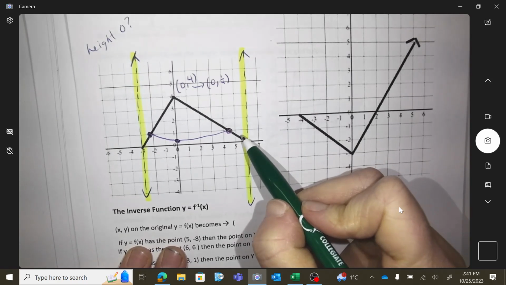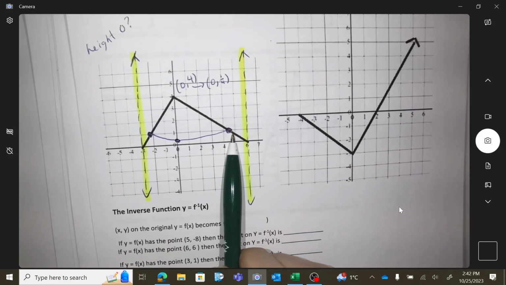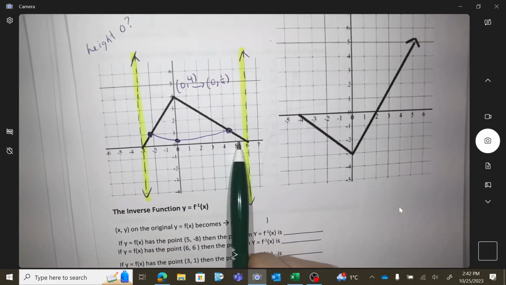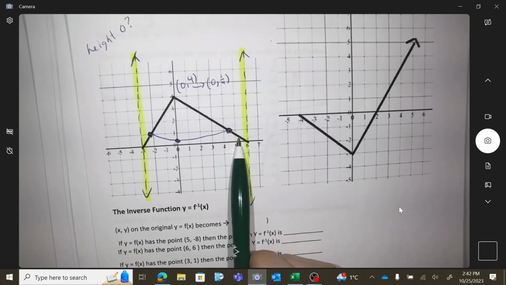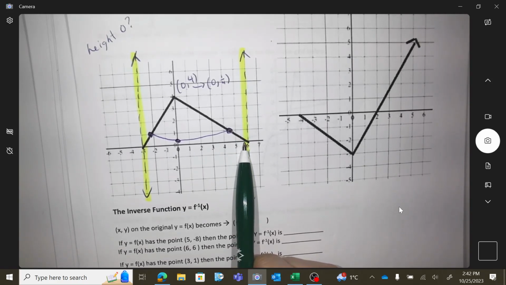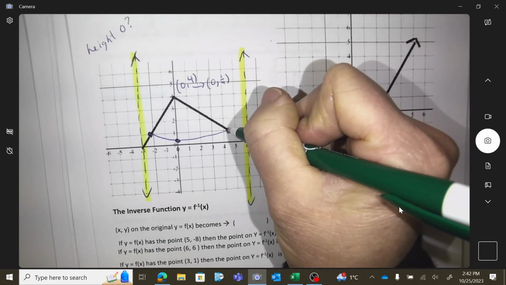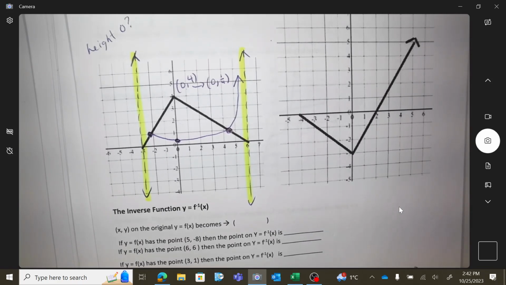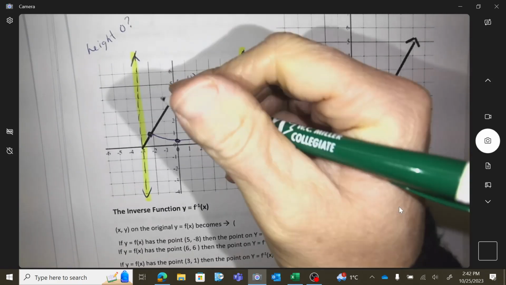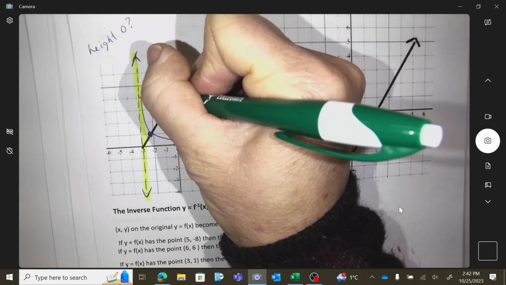And then what happens in this zone? What's happening on the graph? Would you agree that I'm getting closer and closer and closer to 0? So what's going to be on my new graph? I'm going to move farther and farther and farther from 0. Same on the other side.